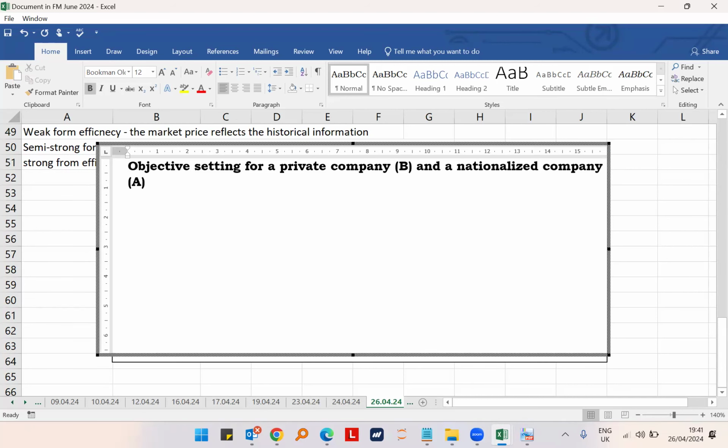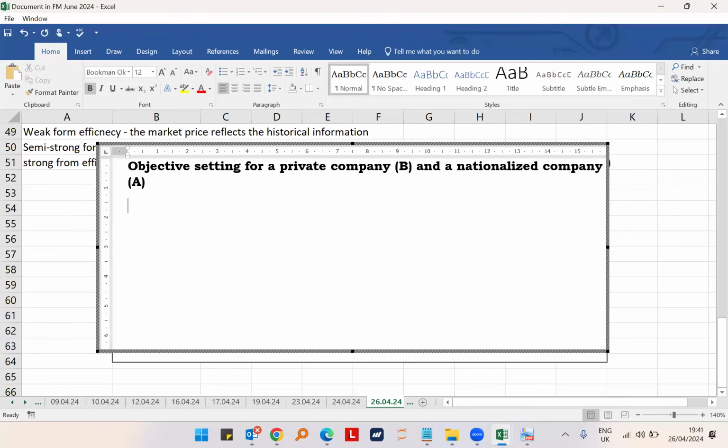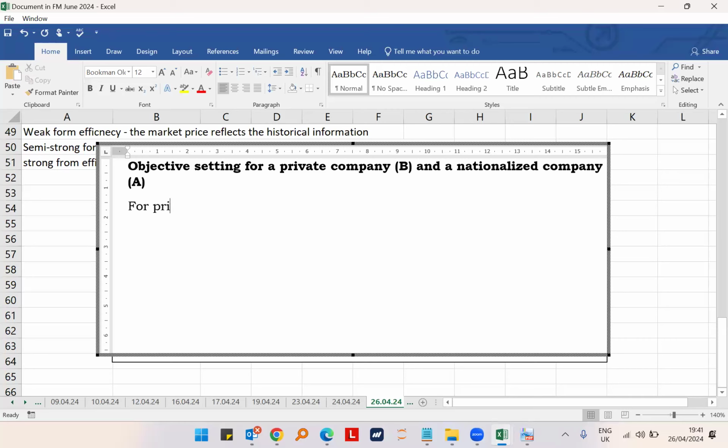So now, the objectives, first of all, when a company is private, for private companies, objectives will be set by the shareholders, okay?